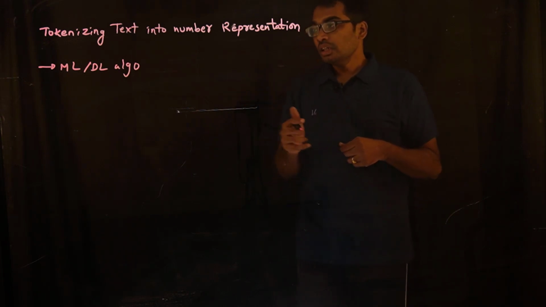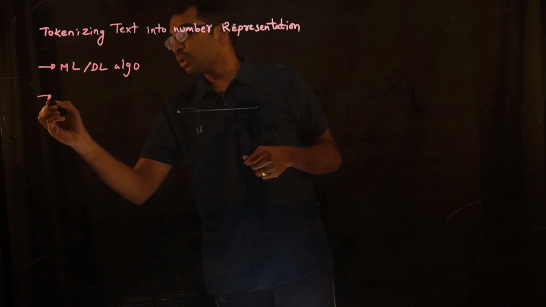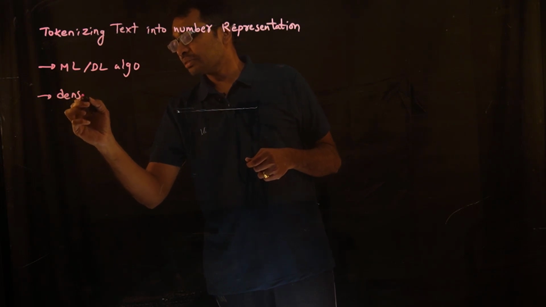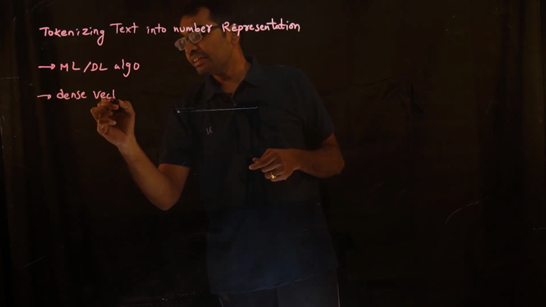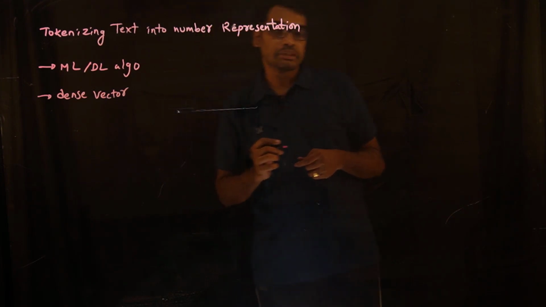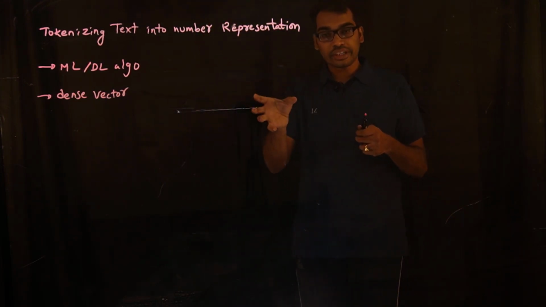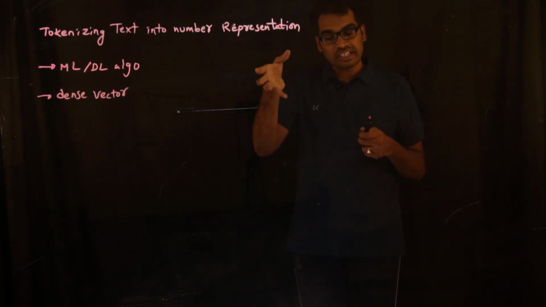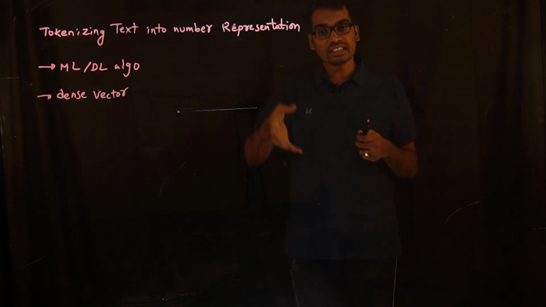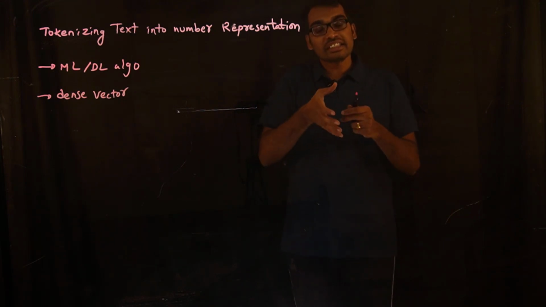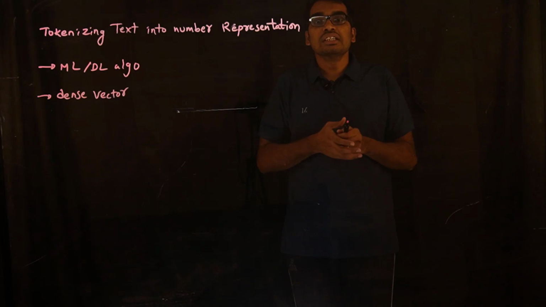And also we can project every token into a dense vector representation. When I say dense vector, it means every token in a multi-dimensional space can be represented as a single vector. A vector is nothing but a collection of numbers.